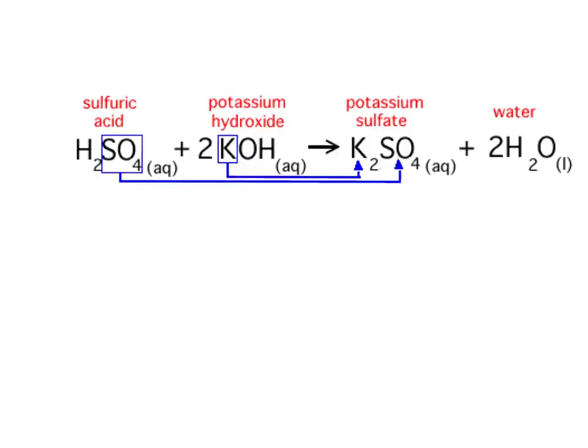So here's an example of an acid-base neutralization reaction between sulfuric acid and potassium hydroxide. Here's the balanced chemical equation. In this graphic, they have shown you the potassium reacting with the sulfate ion, and that's producing our potassium sulfate here. This is our salt, or ionic salt.